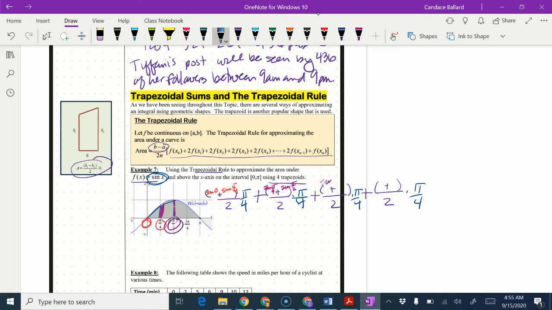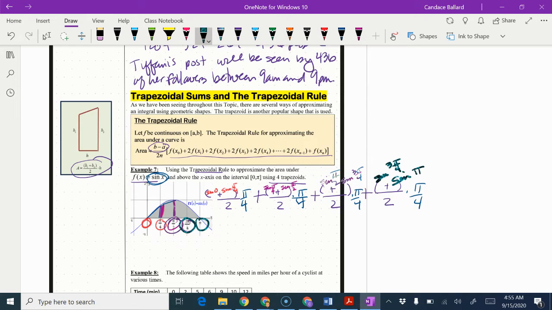So sine of pi over 2, and then I'm going to go to this height here, sine of 3 pi over 4. And then I'm going to repeat this height, so sine of 3 pi over 4 times sine of my final height, which would be pi.